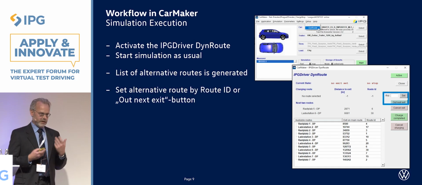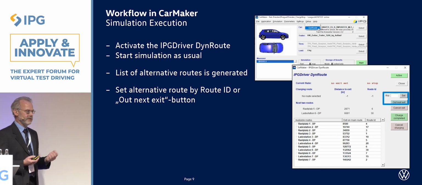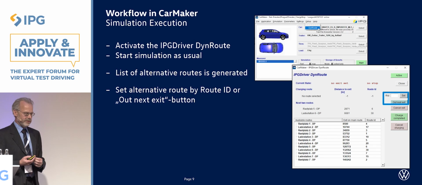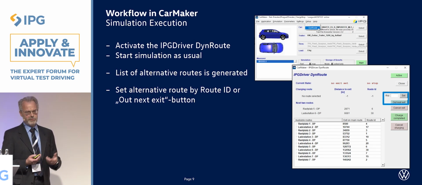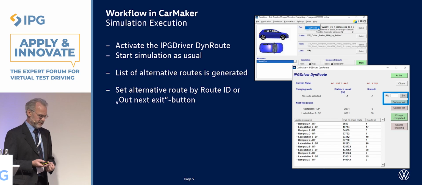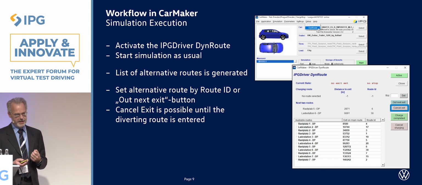Now you have the option to enter this route ID to choose a certain route for your exit, or just use the next exit button, for brevity, to use the next available exit. If you made a mistake, you can correct this as long as you have not entered the alternative route.